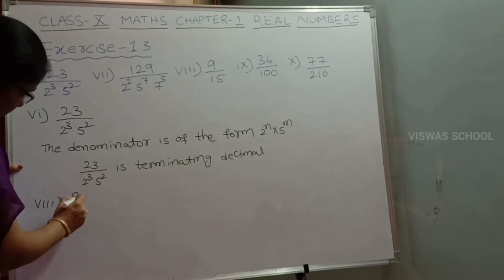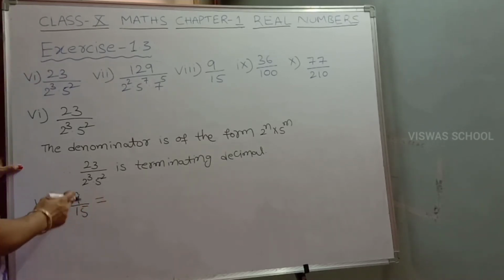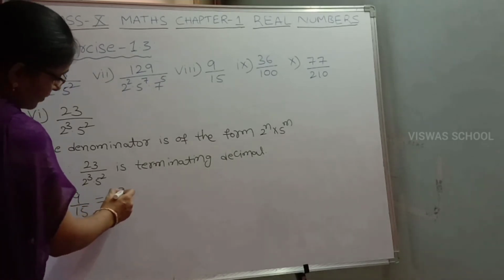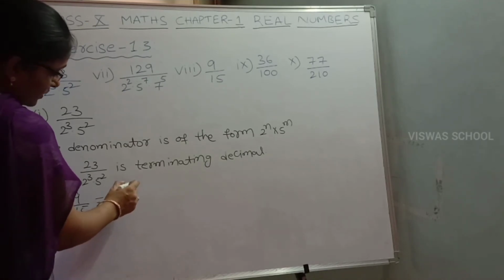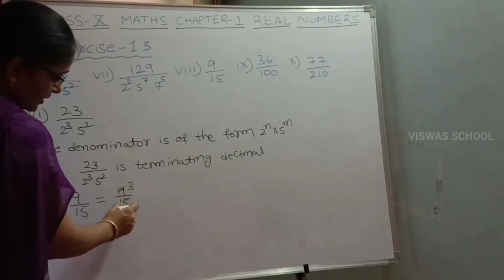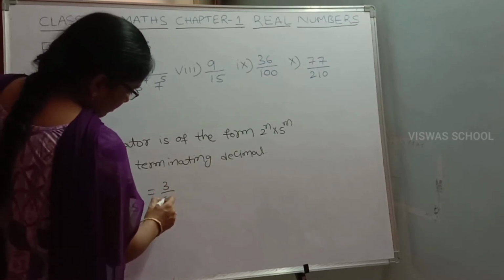The 8th one is 9 by 15. After the cancellation, 3 3s are 9, 3 5s are 15, so it is equal to 3 by 5.